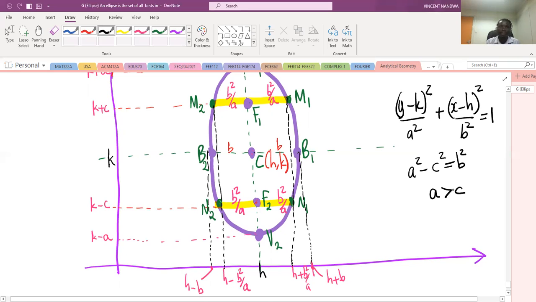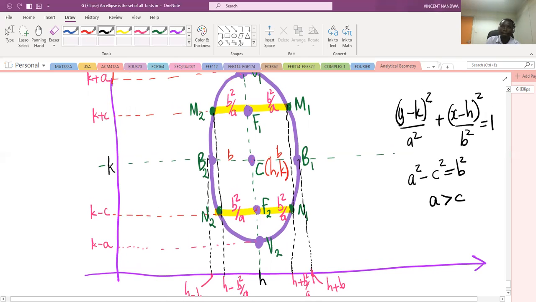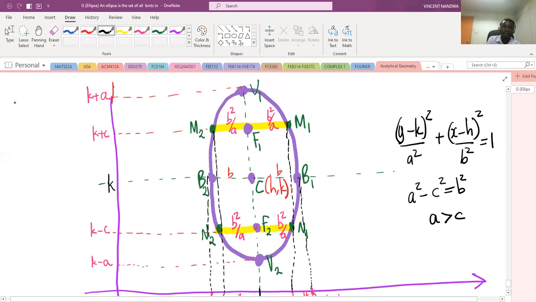So that's the first thing. And so V1, coordinates of V1, from this one, we see this is h and then k plus a. So h comma k plus a. That's the first vertex. And the second vertex, V2, is h comma k minus a. So those are the coordinates of the vertices.